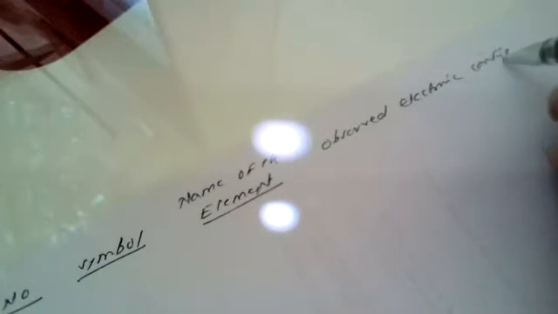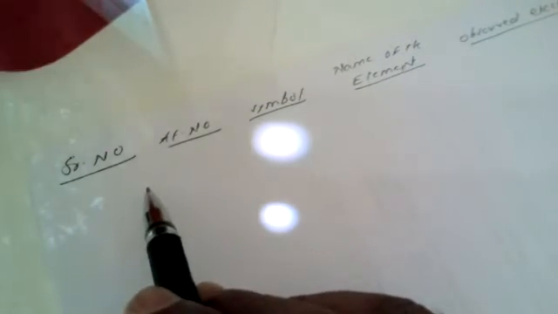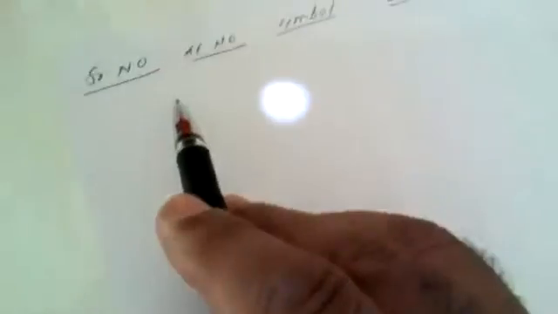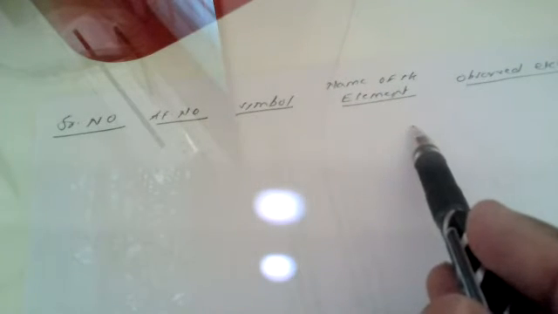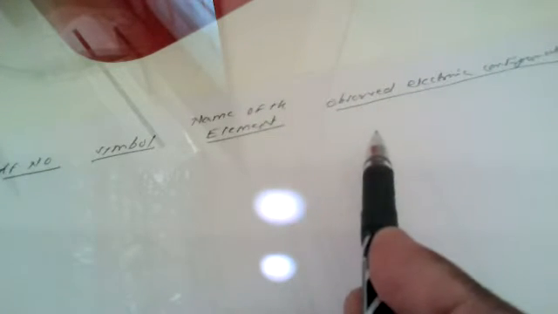And the last column that we are going to prepare is the observed electronic configuration. So first column is the serial number, second column is the atomic number, third column is the symbol, fourth is the name of the element, and the last column is the observed electronic configuration.